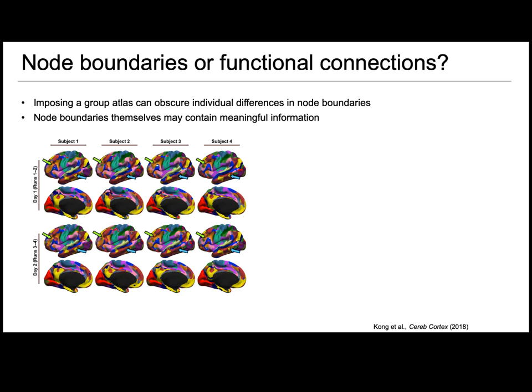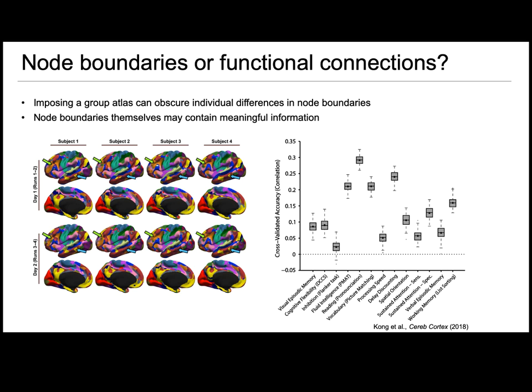And this has been conceptually replicated and extended by some work from Thomas Yeo's group, where they took Human Connectome Project data, and they came up with a Bayesian framework for running an individual parcellation on HCP subjects. So only 2 scans worth of data, but they were able to get a good individual parcellation fit, and then they were able to predict a number of... I'm so sorry that my references are cut off here.